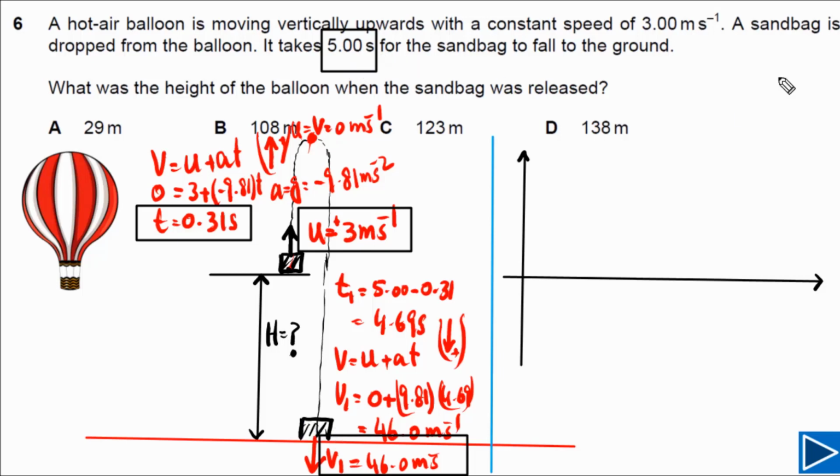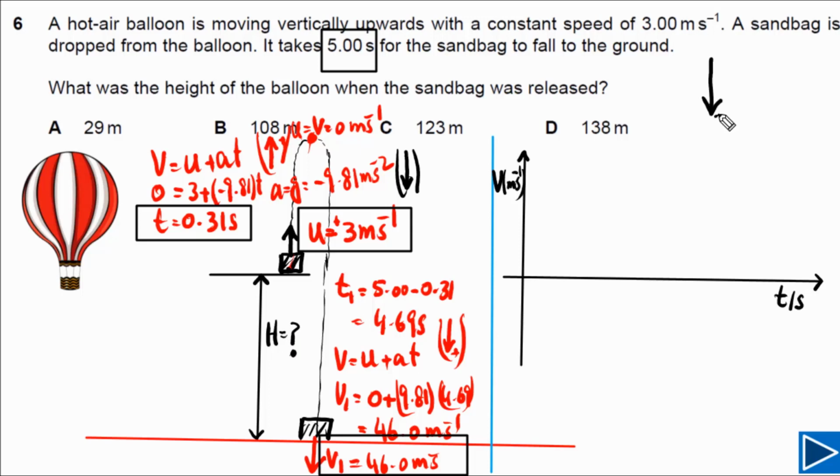Now let's sketch velocity on the y-axis. This is velocity in meters per second, and time is on the x-axis, with the unit of time in seconds. One thing we need to understand is that in this case our acceleration is constant and its direction is downwards, so the gradient of the velocity-time graph has to be constant.